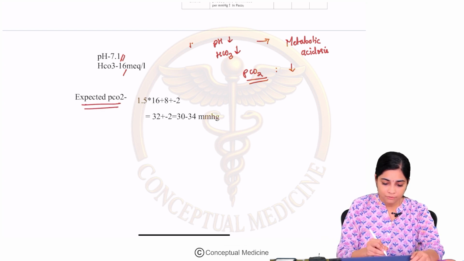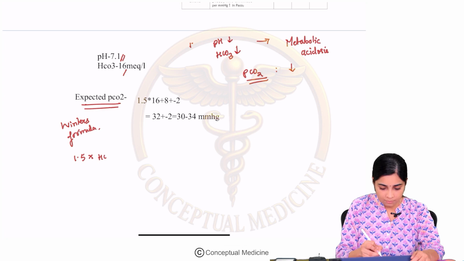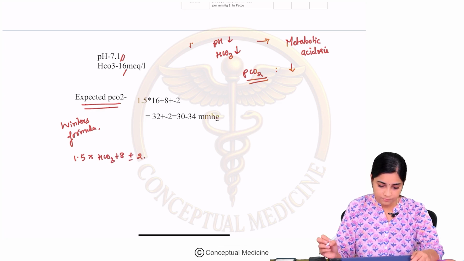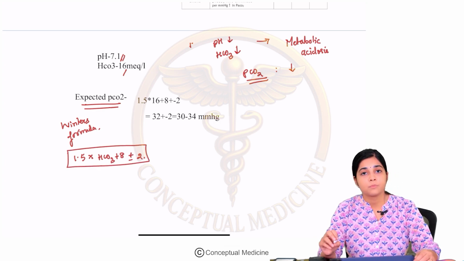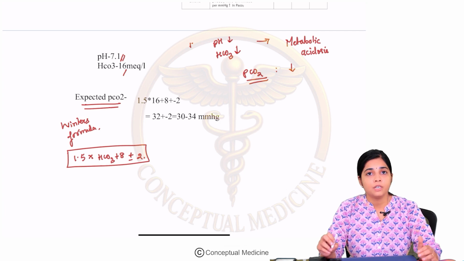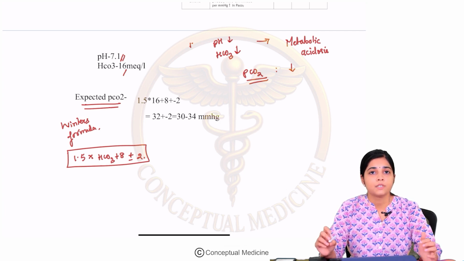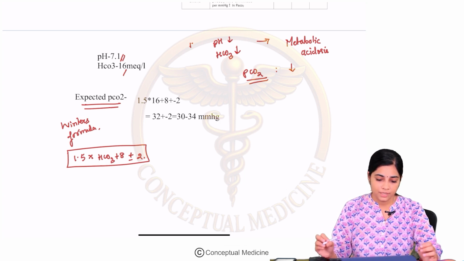That is given by the formula called Winter's formula. Winter's formula is 1.5 into bicarbonate plus 8, plus or minus 2. It basically states that in metabolic acidosis, the respiratory compensation will be a reduction in the PaCO₂, and the reduction is given by this formula.